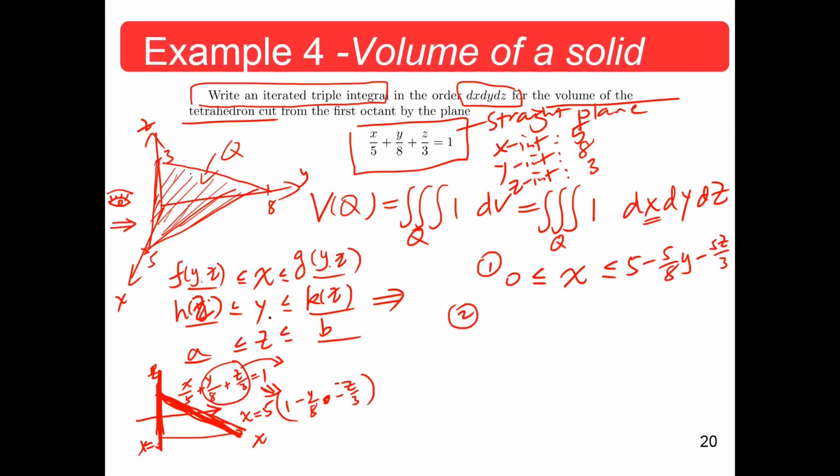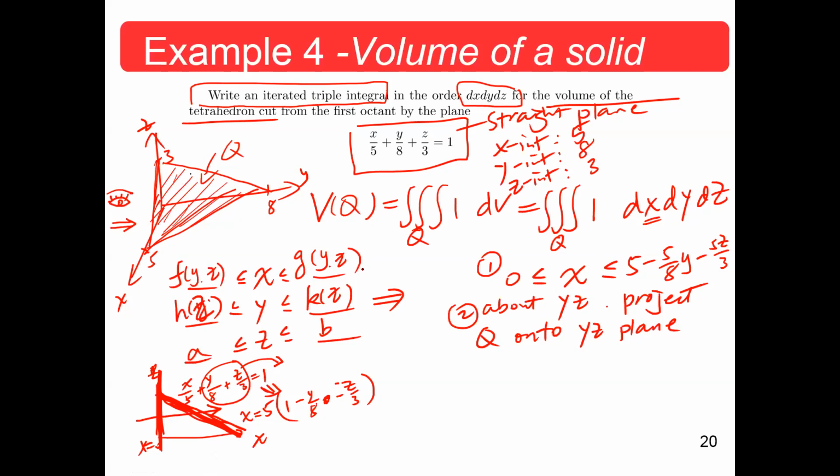Next will be about the boundaries of y and z. The same thing, if we are looking at yz only, we're going to project the solid Q onto the YZ plane. So let's suppose we are projecting the solid onto the YZ plane.